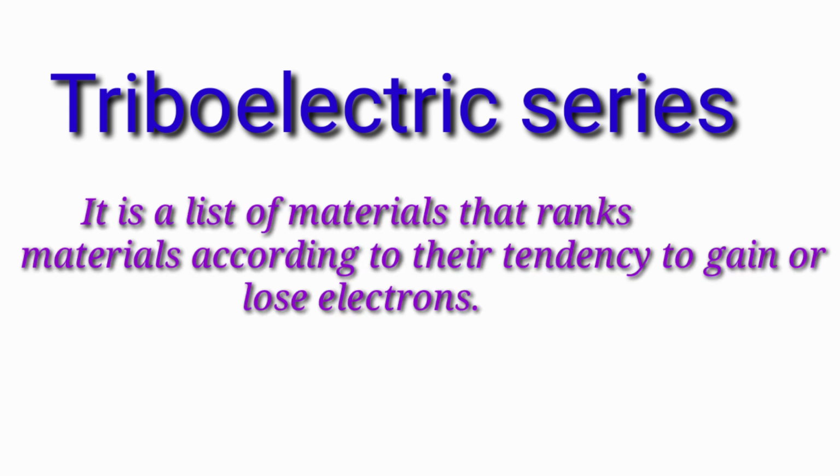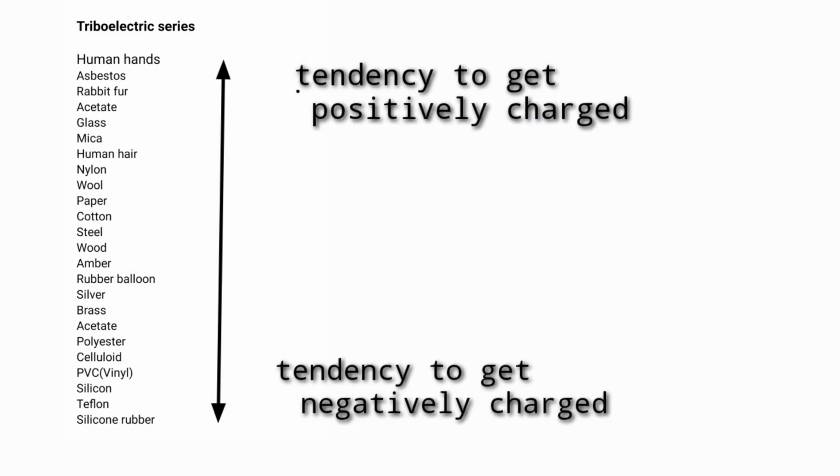It is a list of materials that ranks materials according to their tendency to gain or lose electrons. Here in this series you can see a list of materials ranked according to their tendency to get positively charged or negatively charged.